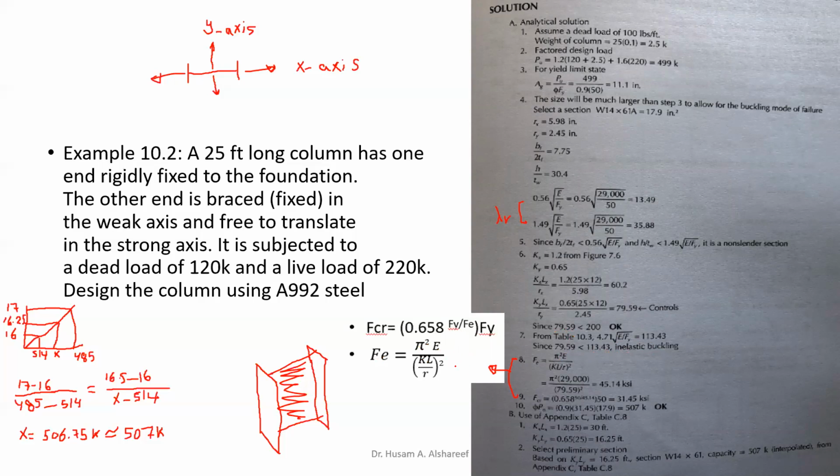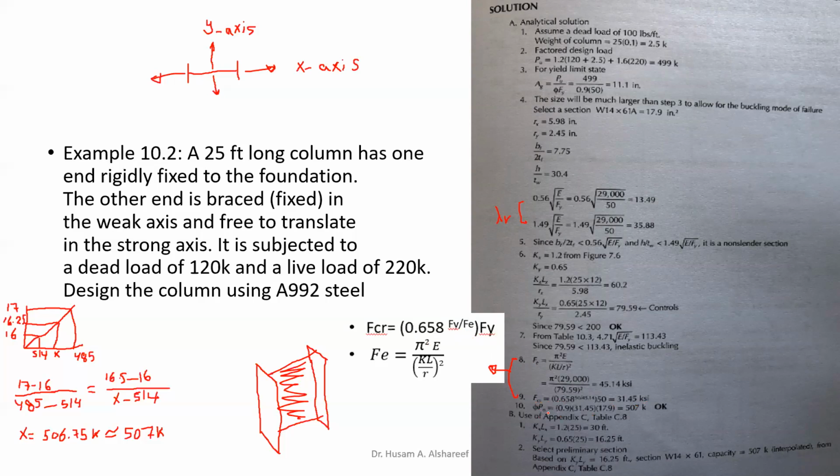I just copied these equations because those are kind of hard to read and small. So the Fe is what you see here, plug-in chug. The Euler buckling equation, with the slenderness ratio we found here, the 79.5, put it here, and then the 29,000 ksi and pi squared, you find Fe, and then you plug it here, and then plug-in chug, and you find your stress value, which is 31.45 ksi.